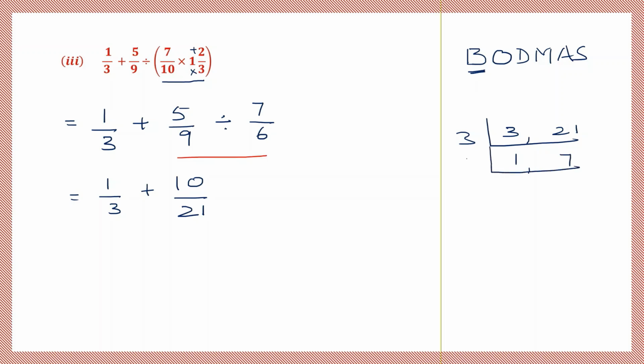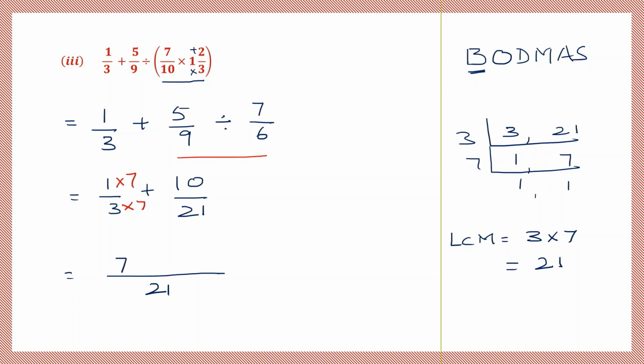Now I divide by 7. 1 and 1. So my LCM is 3 into 7. 3 sevens are 21. So let's use that here. 21 is the denominator. Now 3 into 7 is 21, so 1 into 7 will be 7 itself.